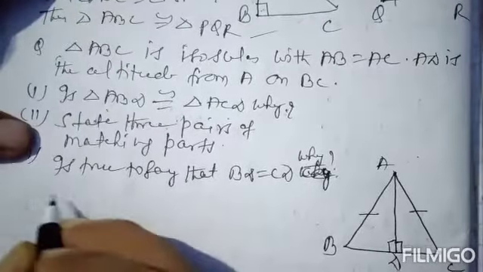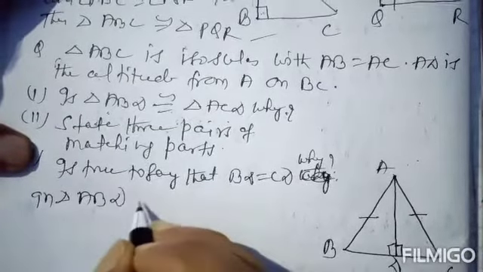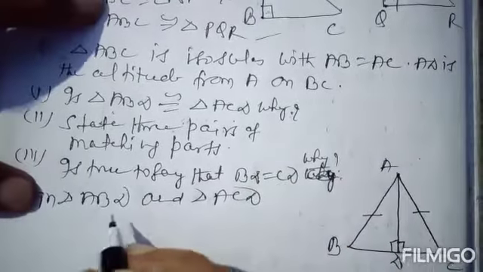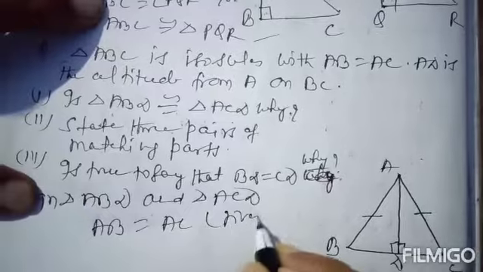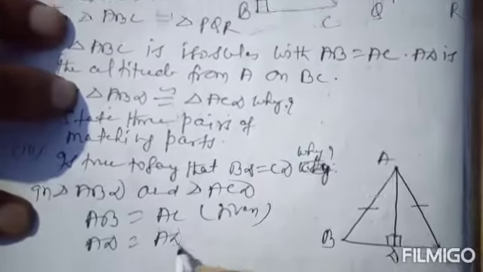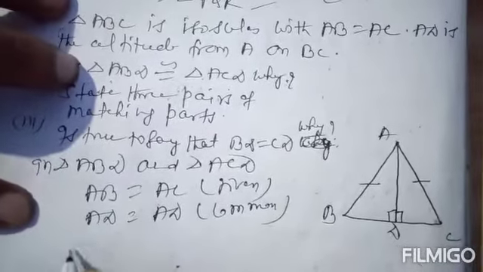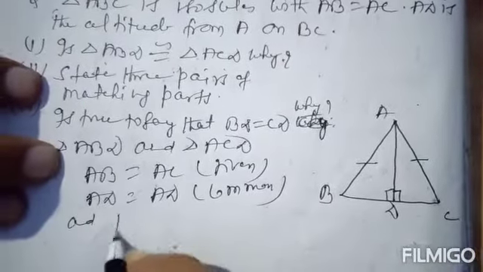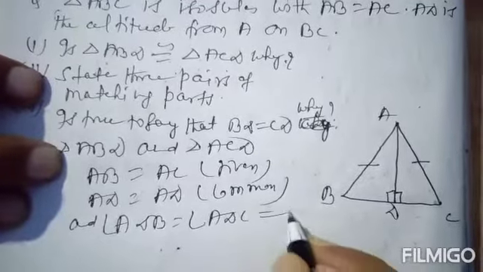So in triangle ABD and triangle ACD, AB is equal to AC, already given. AD is equal to AD, common. And angle ADB is equal to angle ADC, 90 degrees.